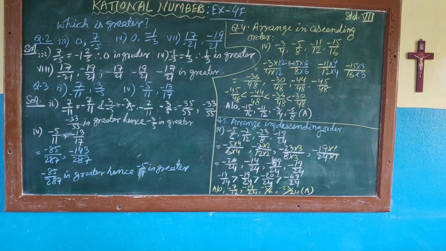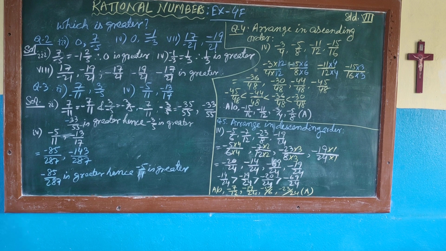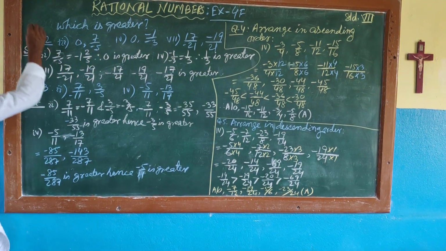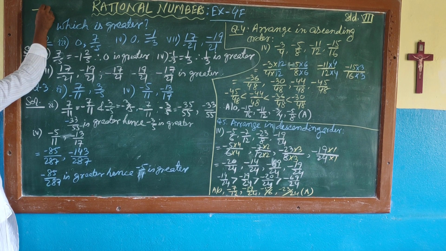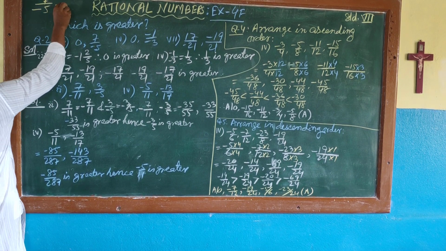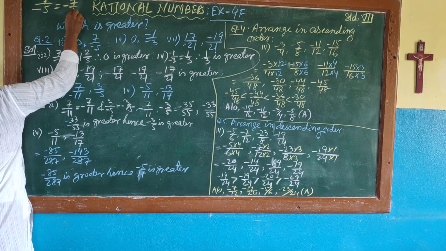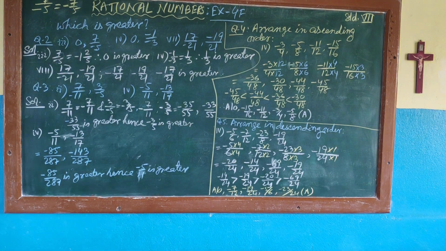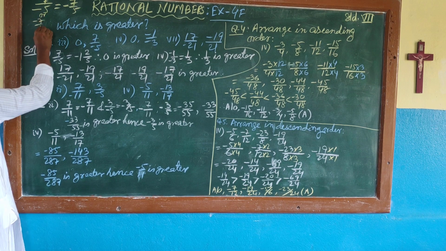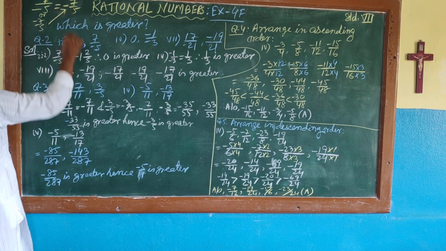Definitely question number 1 has been said, question number 2 is 0 and, and see another thing I will tell you. For a rational number, whether the denominator is negative or the numerator is negative, the rational number value will be negative. This is minus 7 by 5, or if it is 7 by minus 5 also, the value will be same.